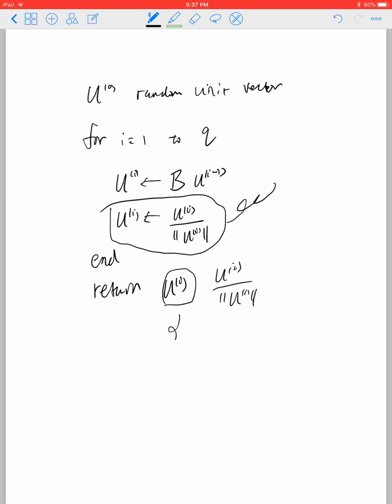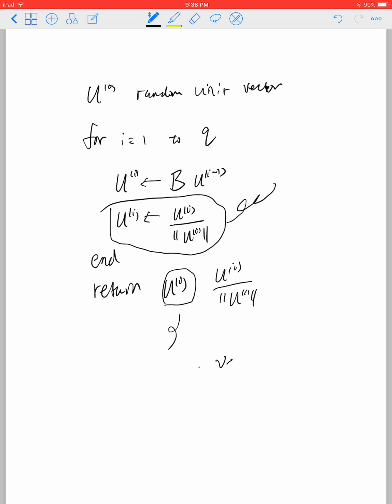That is, you first randomly initialize a unit vector. Here we assume all the eigenvectors are normalized as unit vectors, so you can initialize your vector as a random unit vector. Then you can perform many iterations.